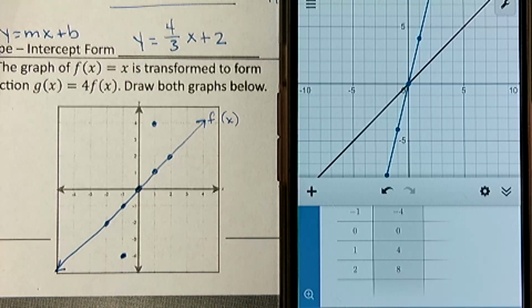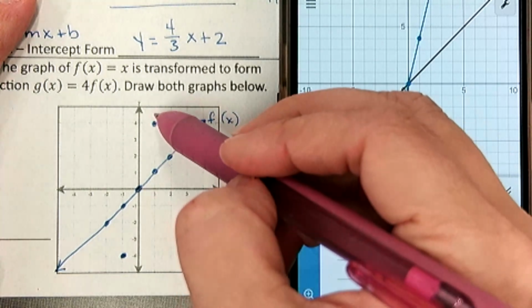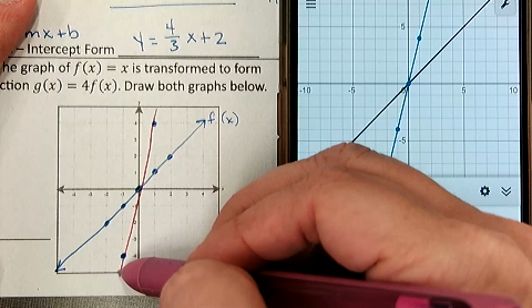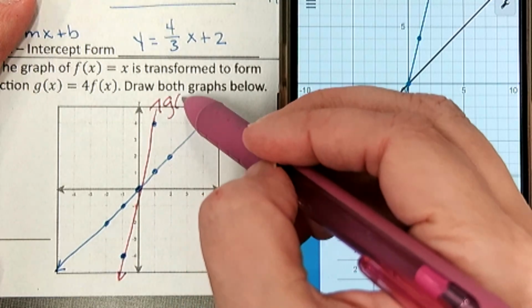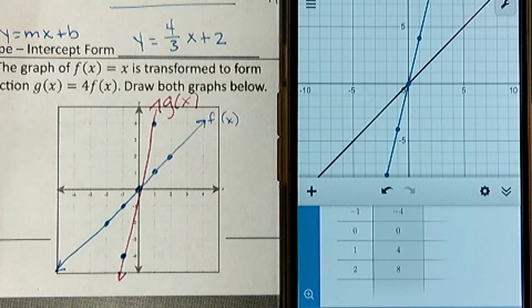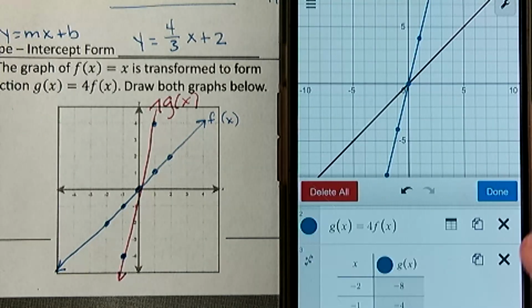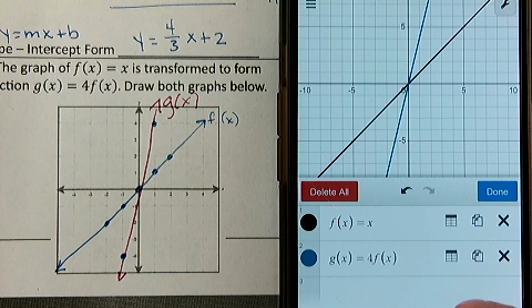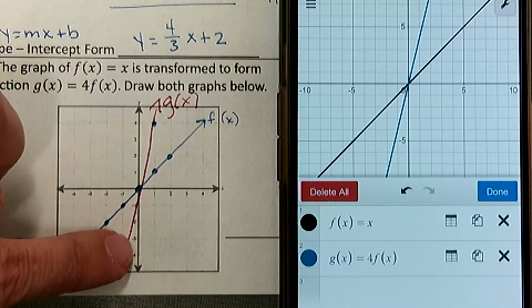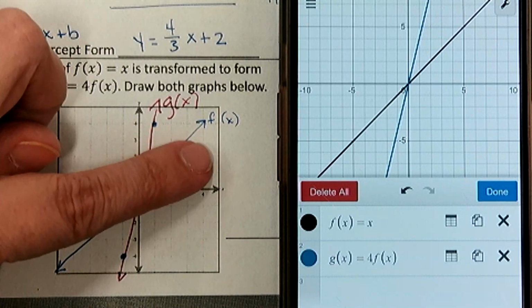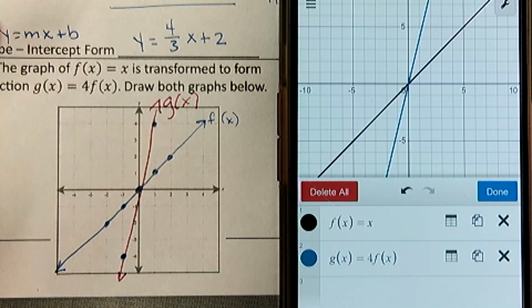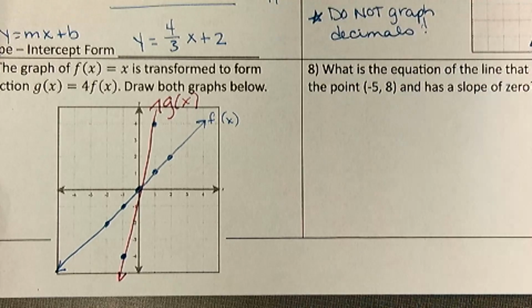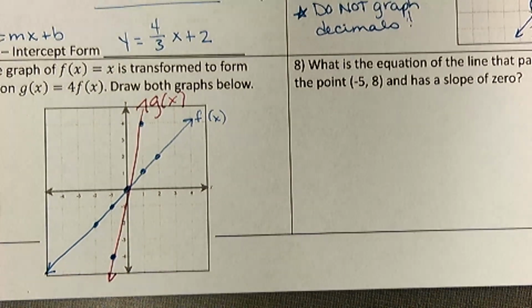I grab a different color for us on this one, just so you can see it a little bit better, so that you could compare them. So you can see, in fact, that g of x is steeper than f of x. You could also say f of x is less steep. So make sure you're using your Desmos for that.